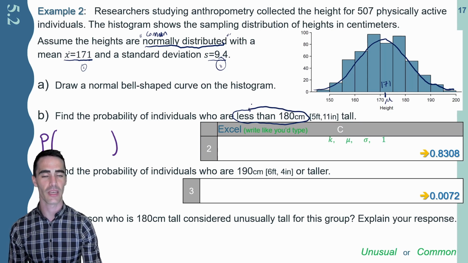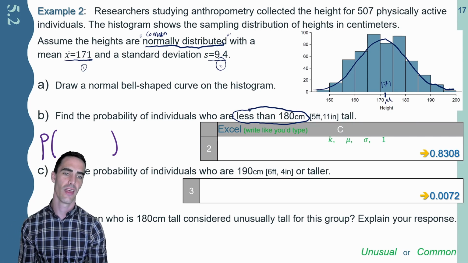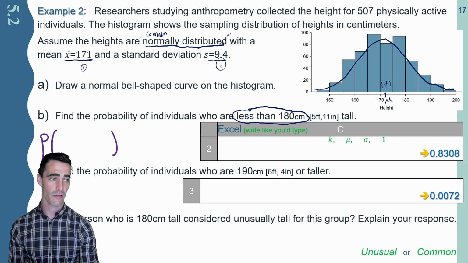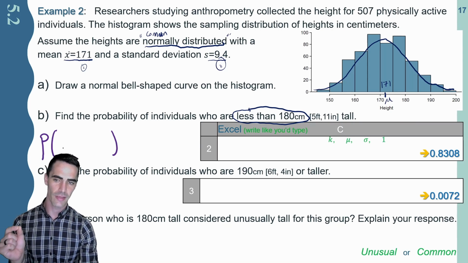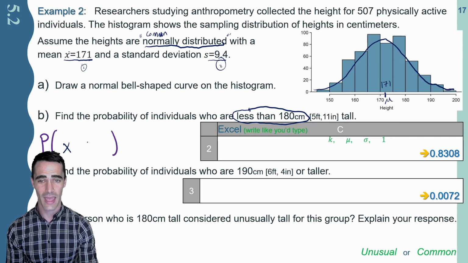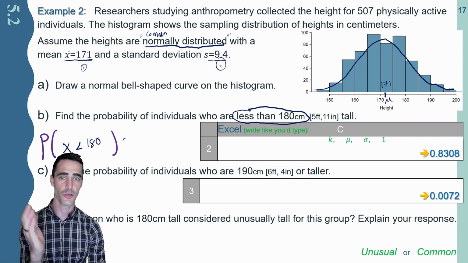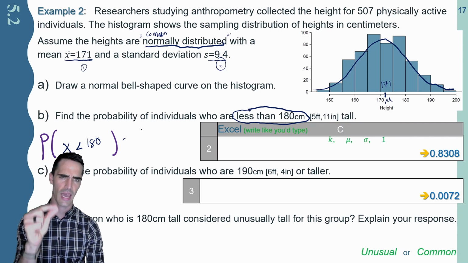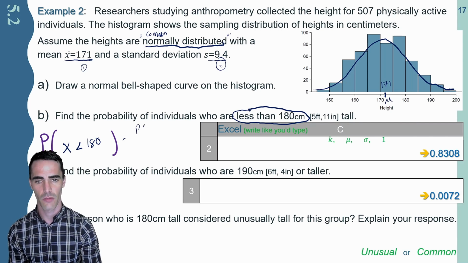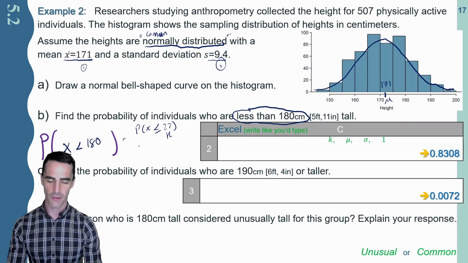Like before, before we start jumping in and computing probability, we should understand what the event is that we're interested in. In this case, I already have this pre-typed for us. Probability of my random variable x, or individual, is less than 180. Now you'll recall for any of these distributions, in this case we're doing normal, we should be looking at how to compute probability. For this one, probability is always computed less than or equal to some value. That value we wrote as k. But again, very fancy.